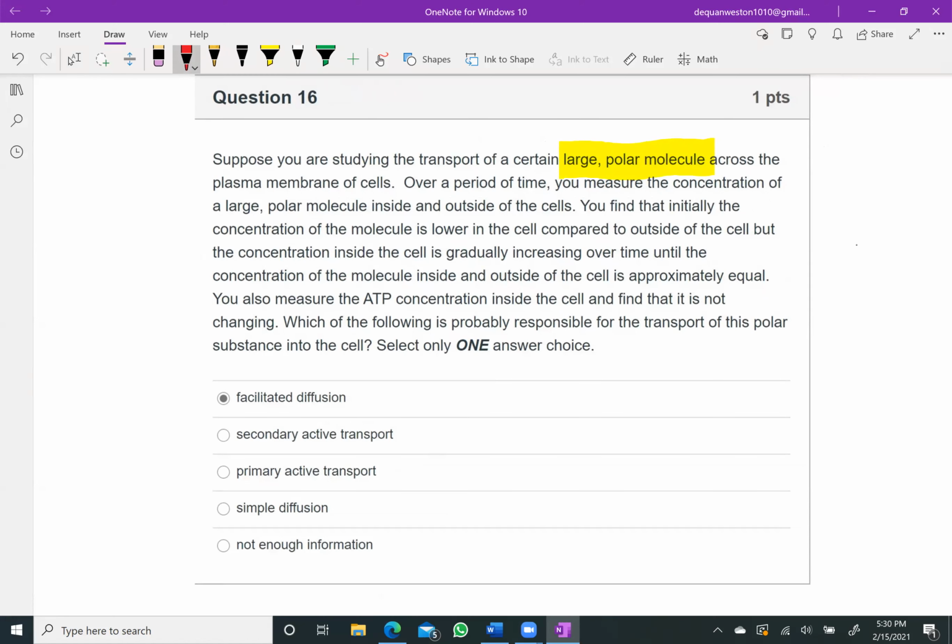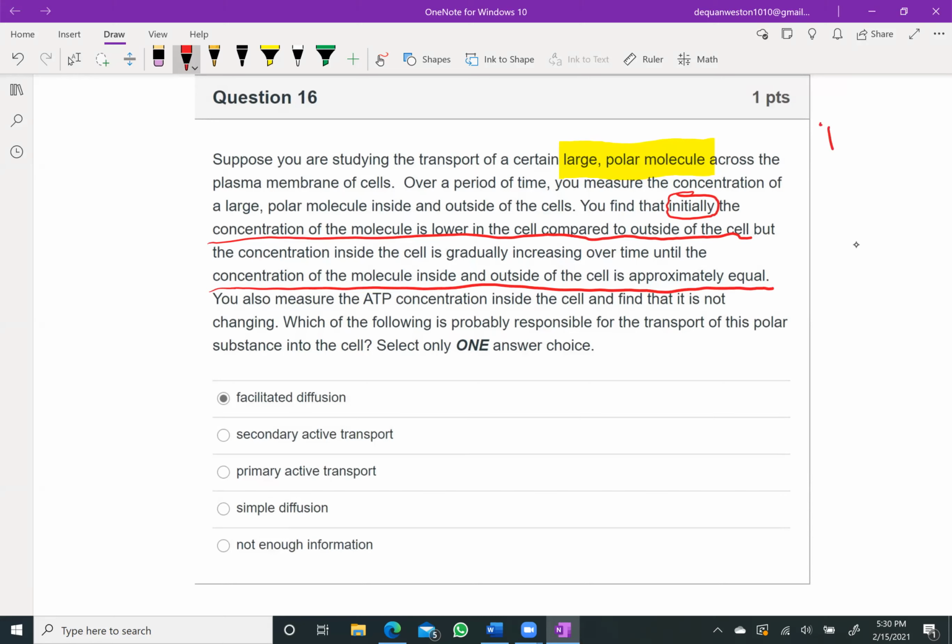Okay, so we're measuring inside and outside. You find that initially, the concentration of the molecule is lower in the cell compared to outside the cell, but the concentration inside the cell is gradually increasing over time until the concentration of the molecule inside and outside is approximately equal.